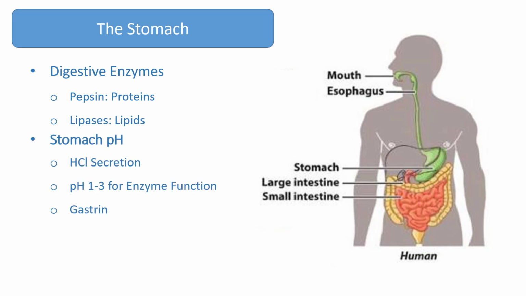The stomach is maintained at a low pH through the secretion of hydrochloric acid by specific cells lining the stomach. Several enzymes have evolved to act at a very low pH of 1 to 3 units. When food arrives in the stomach and digestion there begins, cells lining the stomach secrete a peptide hormone called gastrin. Gastrin secreted by the stomach is absorbed within the small intestine and recirculated to the cells lining the stomach wall.